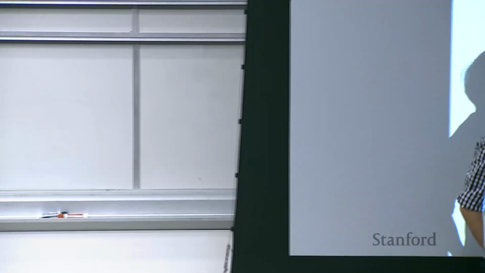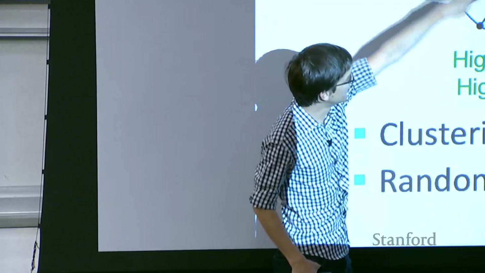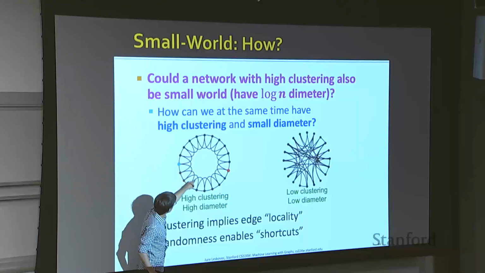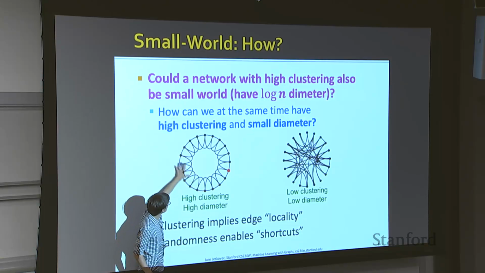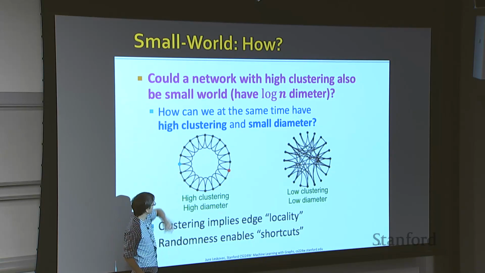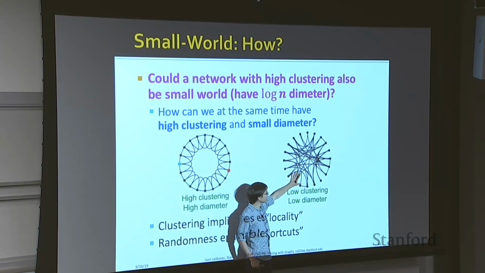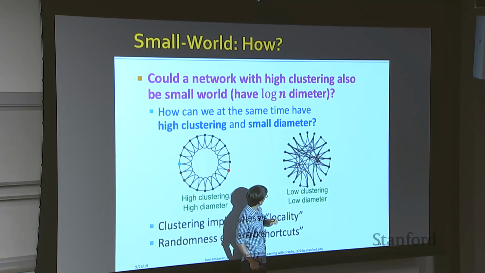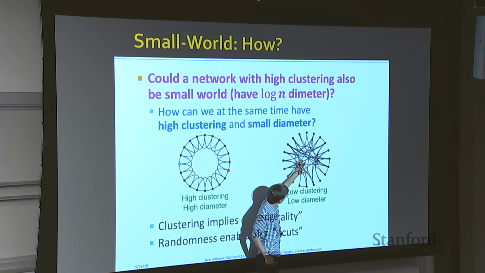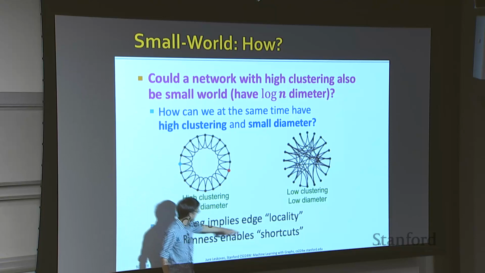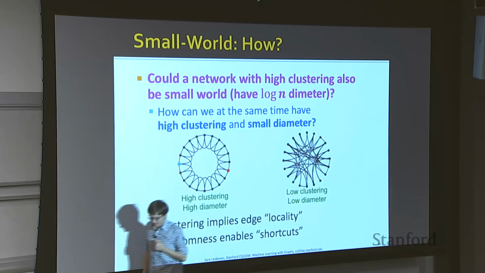Here I show the nodes on a ring, and I connect nearby nodes, but then also friends of friends. So this would now have a high clustering coefficient, but also high diameter. And a random graph on the same set of nodes would have low diameter, but also low clustering. And the question is, can I have high clustering, low diameter, right?